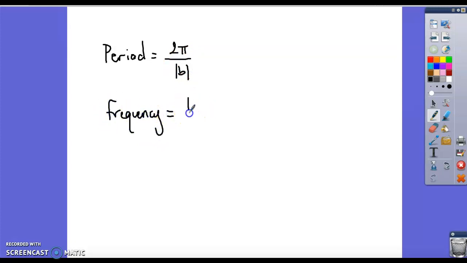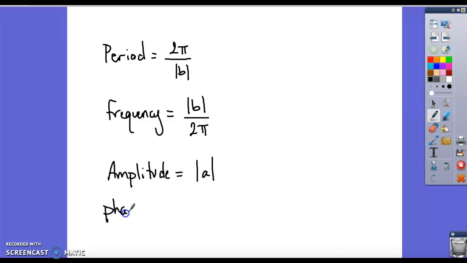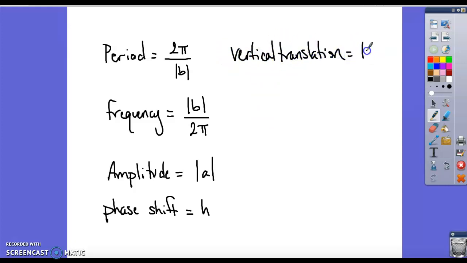The frequency is still the reciprocal of the period, absolute value of b over 2 pi. My amplitude does not change either. That's still the absolute value of a. The phase shift is h, and the vertical translation is k.